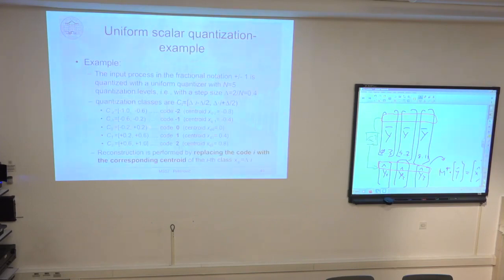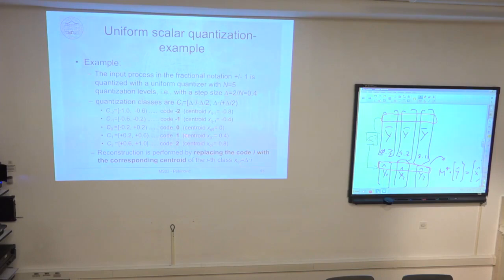Okay, but now we will start from the very simple example of only 5 quantization levels. So let's suppose that we have this range of input signal, minus 1 to 1, and it is subdivided into 5 equal ranges of width 0.4.